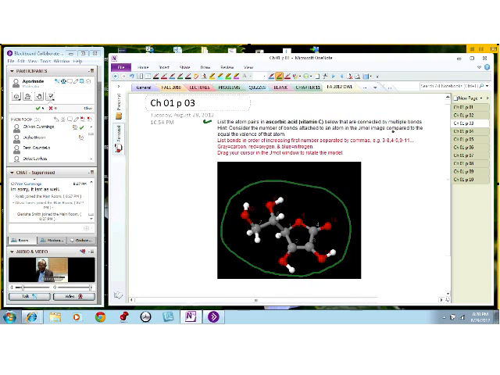We already know that. So let me ask you, which ones are connected by multiple bonds? Let me run through them for you. 2 and 3, are they connected by multiple bonds? Yes or no? Yes.